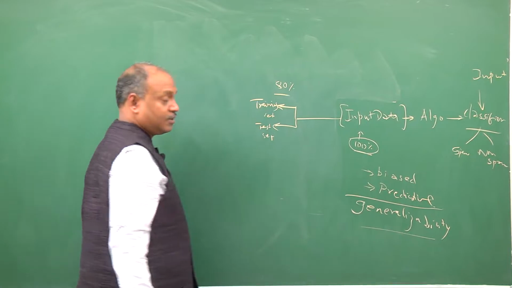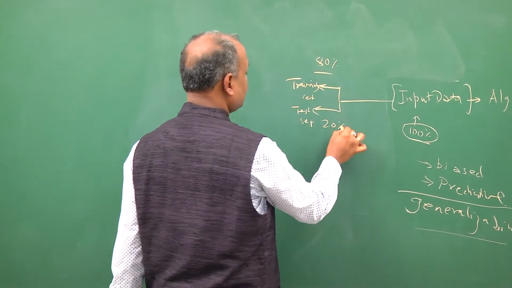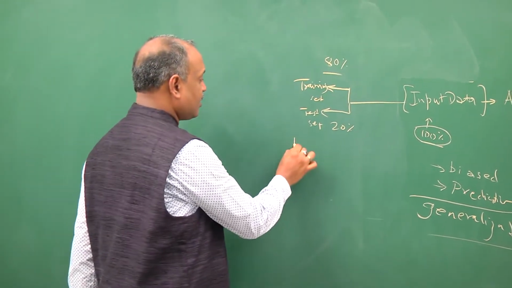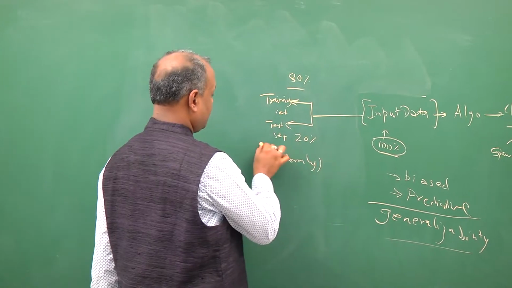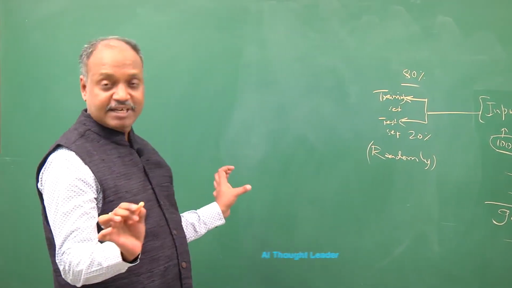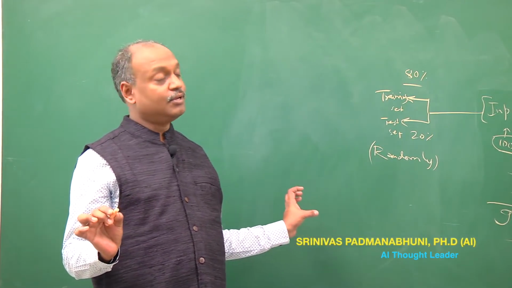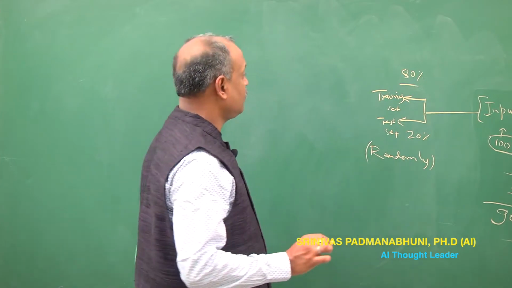Let's say 80% of the data becomes training and 20% of the data becomes the test set. And this is done randomly without replacement, so that you have two distinct sets of data items: one is the training set and another is the test set.